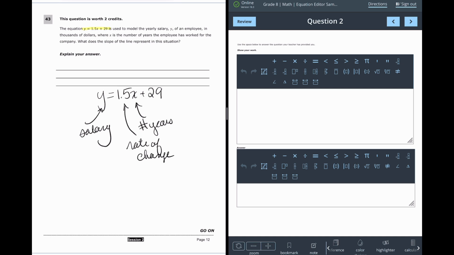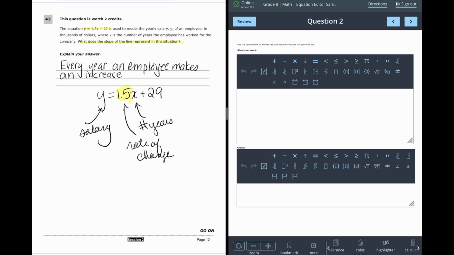Okay, and they're asking us, what does the slope mean in the context of this problem? So what does 1.5 represent? Well, that represents the increase of every single year. So every year they make an additional $1.5 thousand. And I'm going to put an increase, and I know it's an increase because it's a positive number.